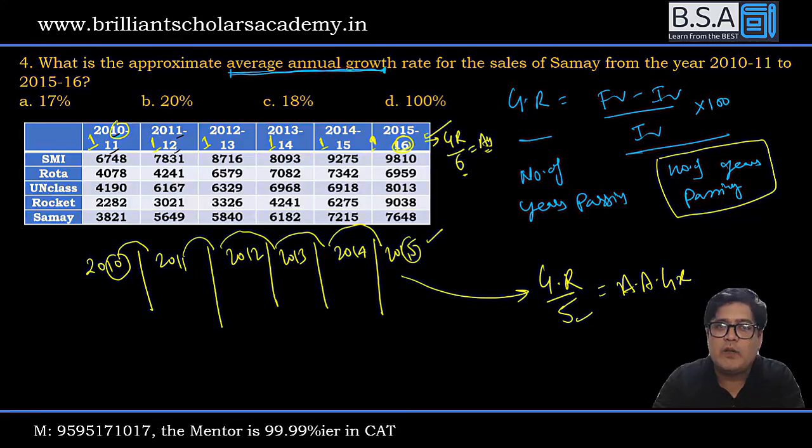How to work with growth rate? Growth rate upon number of years passing. I want you to copy down both examples. In the lower one, there are 5 years passing. In the upper one, there are 6 years passing. Now give me an answer.